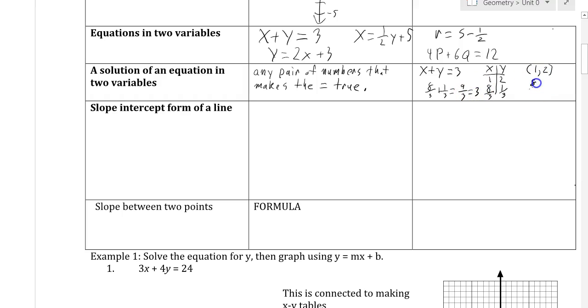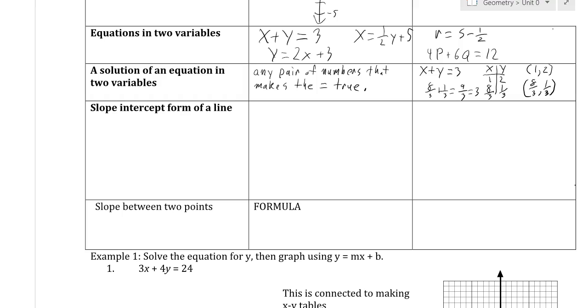So the point 8/3, 1/3 is also a solution to the equation. And this is one of the good parts about graphing, is that when you graph, you not only get all the whole number points represented that make the equation true, you also get all of the fractional ones, you get all of the irrational points, you get every single thing that makes your equation true.